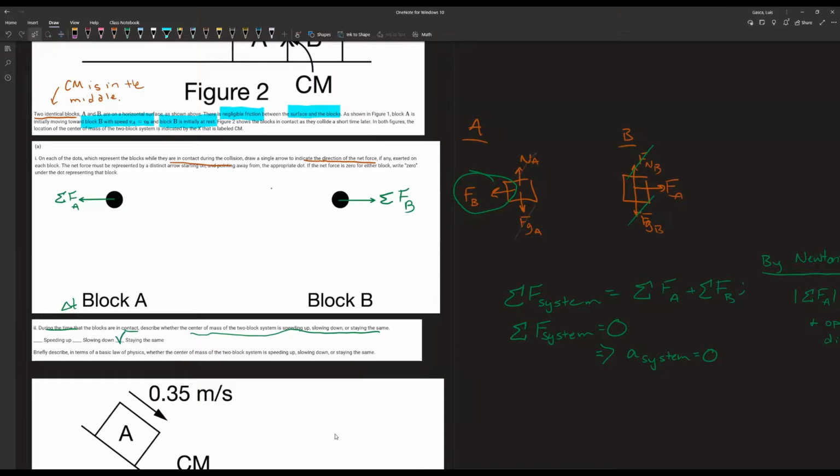So briefly describe in basic laws of physics whether the center of mass of the 2-block system is speeding up or slowing down.